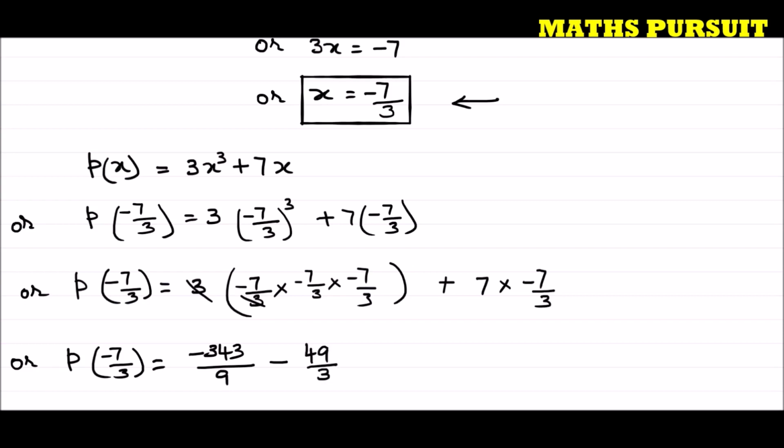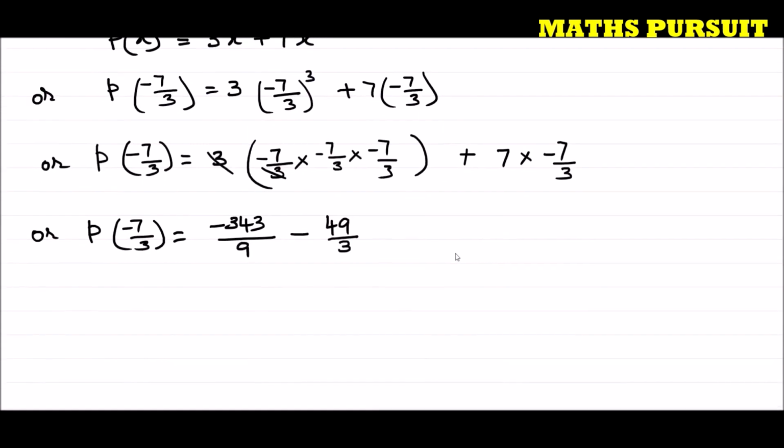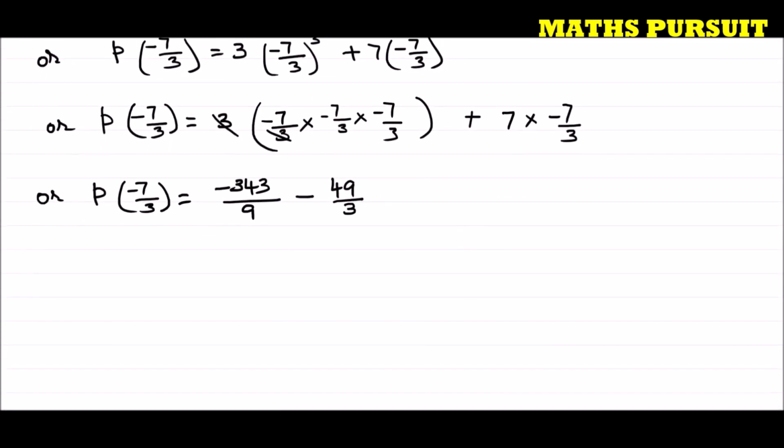So what we got? We got P(-7/3) = -343/9 - 49/3.